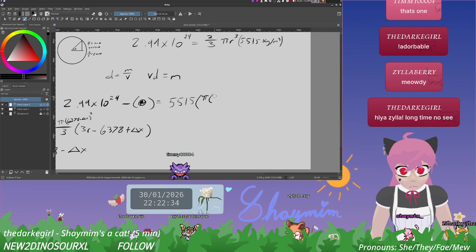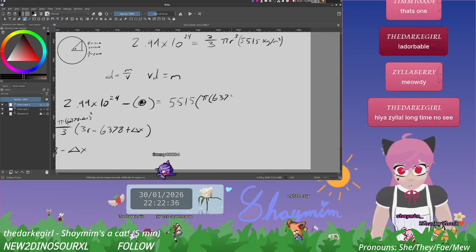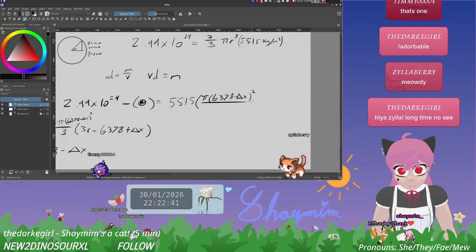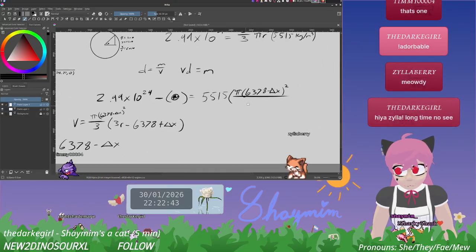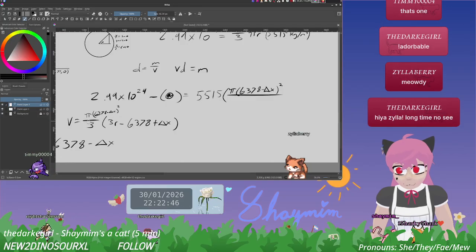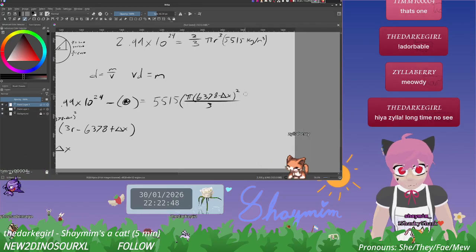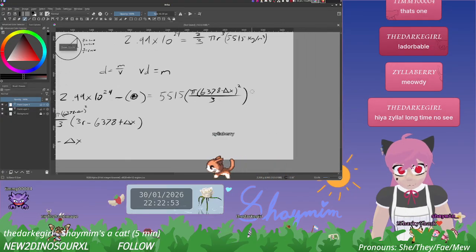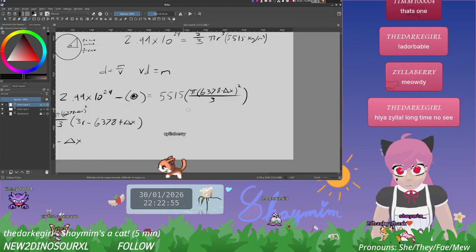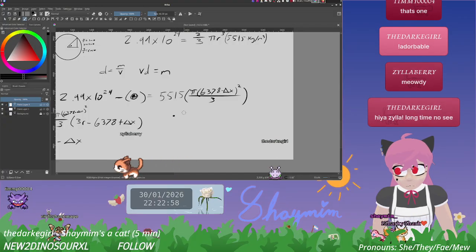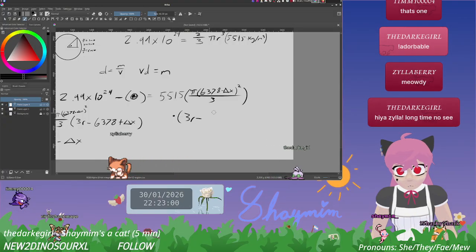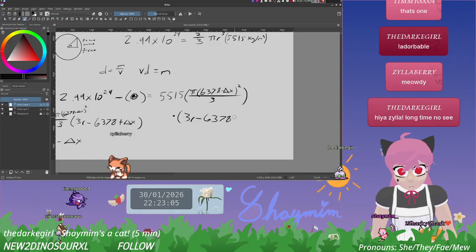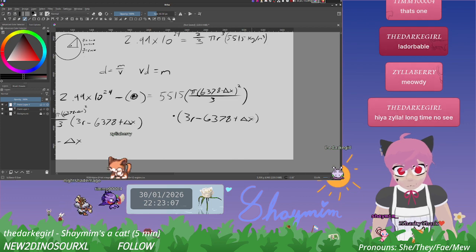So that's 6378 minus delta x all squared over 3, and then times 3r minus 6378 plus delta x.